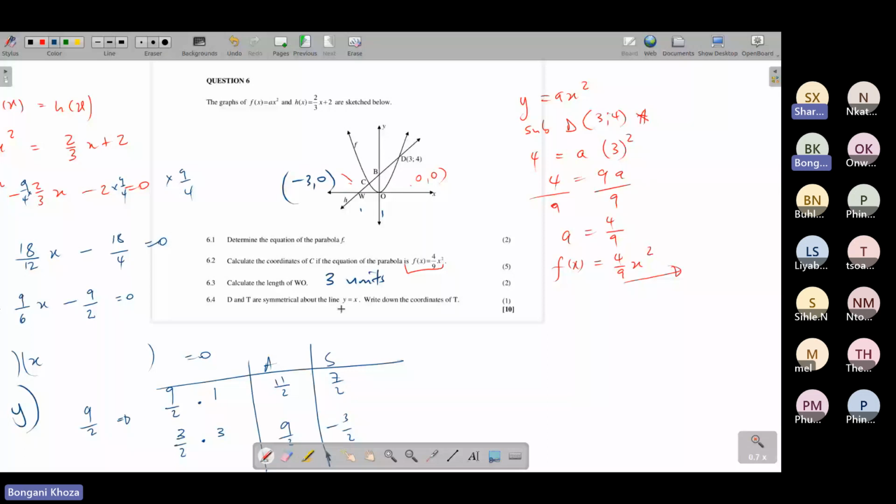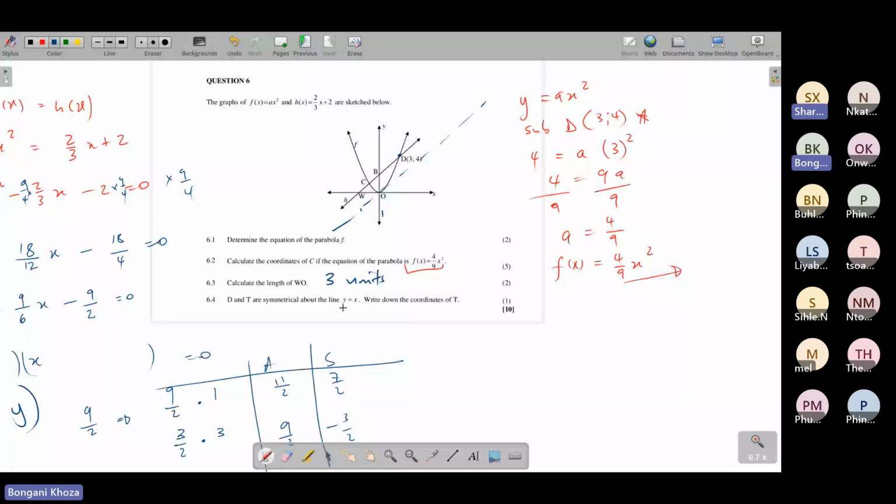So the line y equals x is somewhere like that. D is over here. So they are symmetrical about that line. You're supposed to write down the coordinates of T.